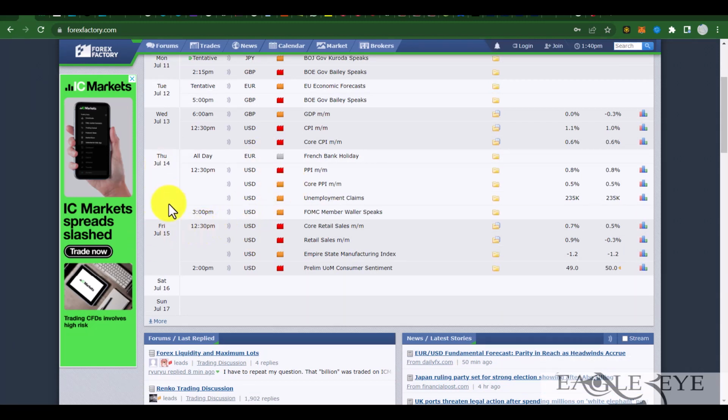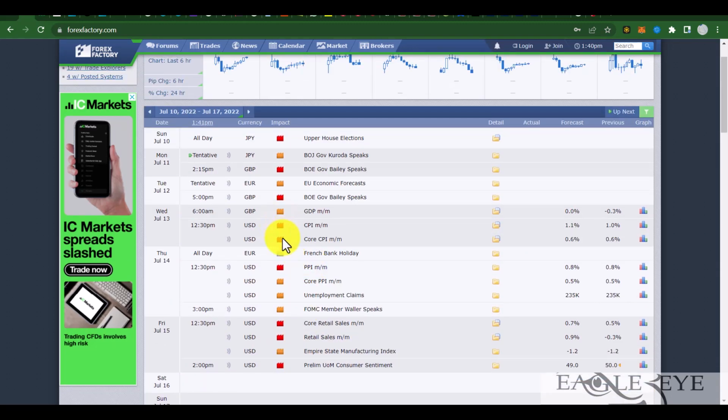Then on Friday we have the core retail sales, retail sales, and the Empire State Manufacturing Index around 12:30, and by 2 o'clock p.m. we have the prelim UM consumer sentiment. All times here are in UTC or GMT. Let's take note of them, trade safely, and see what price has to deliver. Just be safe.